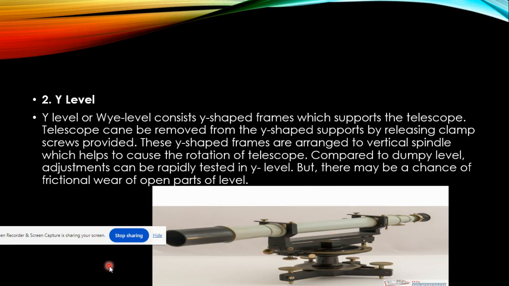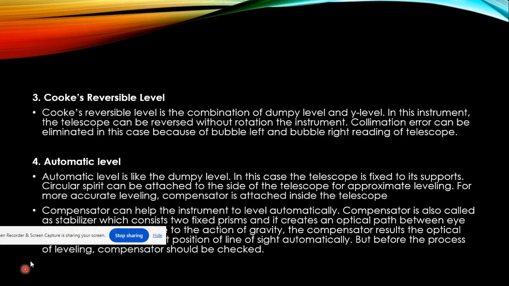If you are prone to every time adjusting it or removing it and putting it back, it's very prone to friction and wear and tear. So that is it for our Y level.